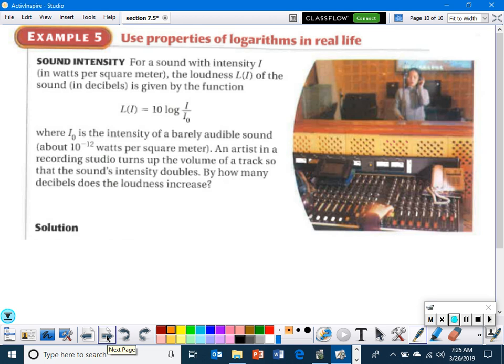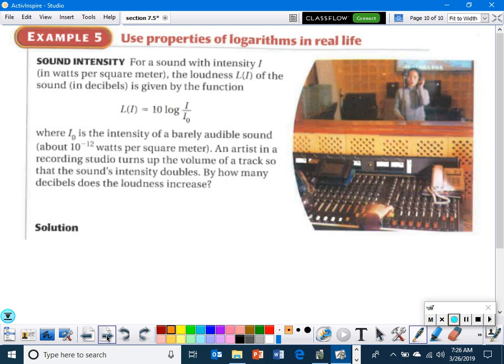All right, so you do have a problem on your worksheet that is going to use this property of logarithms in real life. It has to deal with sound intensity. So let's take a look here.